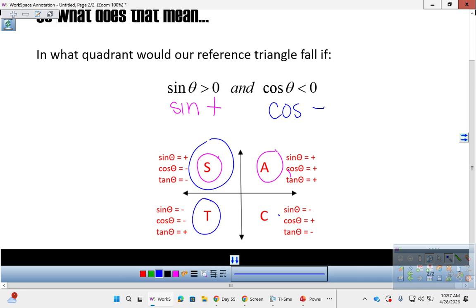And so if I have these two pieces of information, I know that my reference triangle is going to be something in quadrant 2, which tells me my angle is somewhere between 90 and 180 degrees. It tells me exactly what my right triangle is going to look like, because I know what x-axis I'll use. So this is me figuring out my quadrant without having an angle at all.